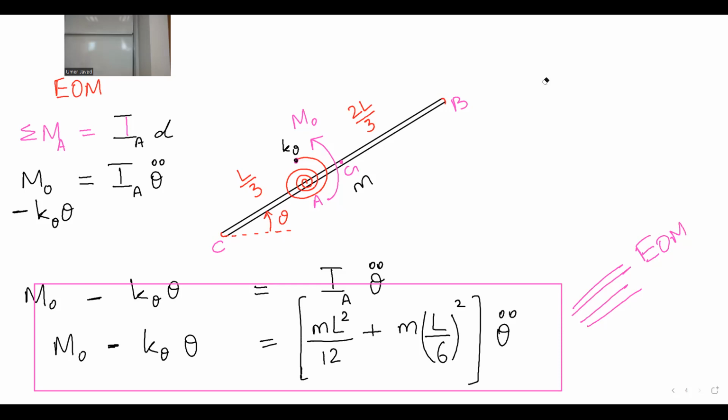I mean, let's say when I made this system, I put the torsional spring and this rod in such a fashion that the rod is sitting horizontal at equilibrium, even in the static deflection and everything. Or let's say, even if it has already deflected a little bit, that line is where I am defining my theta from.